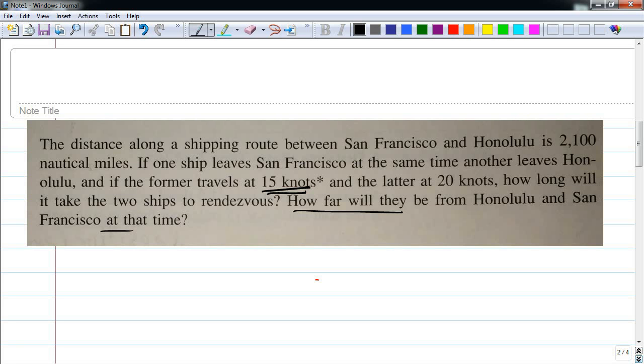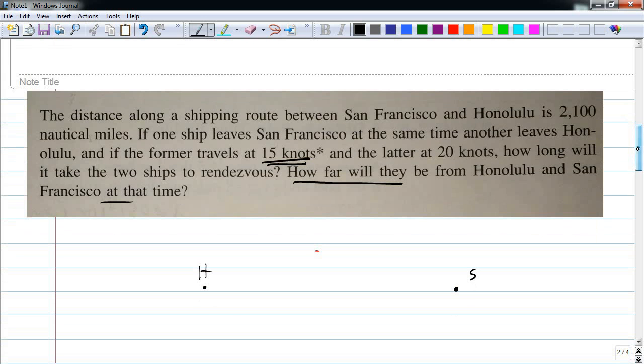I have two ships traveling between San Francisco and Honolulu, which are 2,100 nautical miles apart. The ship leaving San Francisco is traveling at 15 knots.